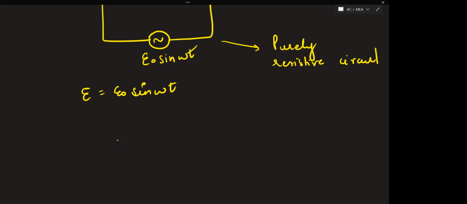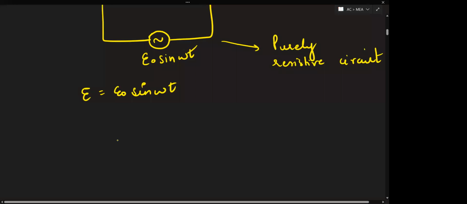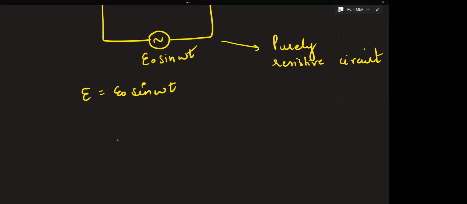Right now we are doing individual circuits, only resistor, only inductor, only capacitor. When you combine inductor, resistor, capacitor, there you will see purely capacitive and purely inductive circuits. Right now, just understand, such a circuit is known as a purely resistive circuit.